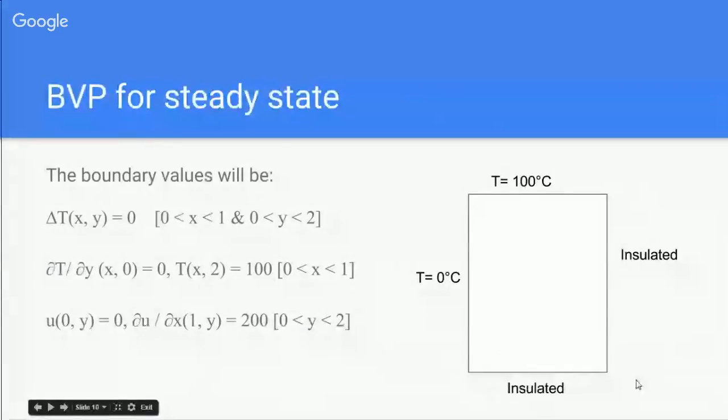Now for y lying between 0 to 2, giving temperature T, dou T by dou x for all values of y, which is given a value of, this is supposed to be 0. I've written it as 200. This is given a 0 value.